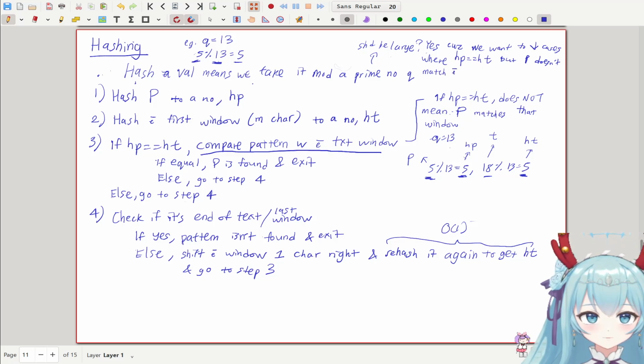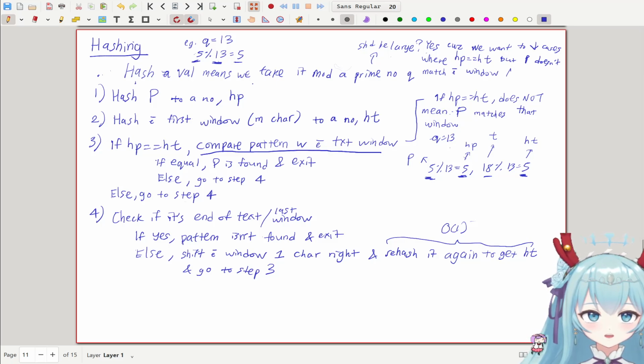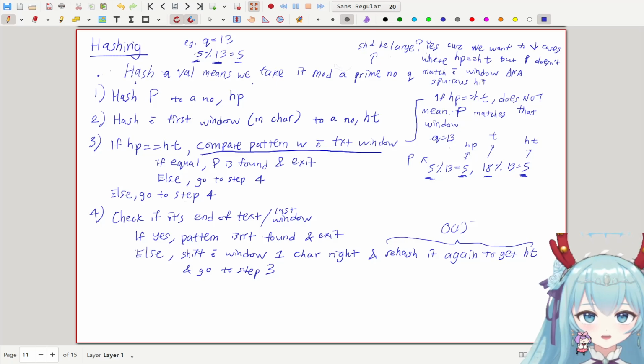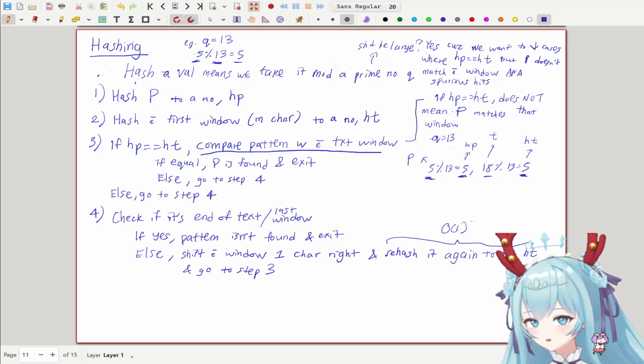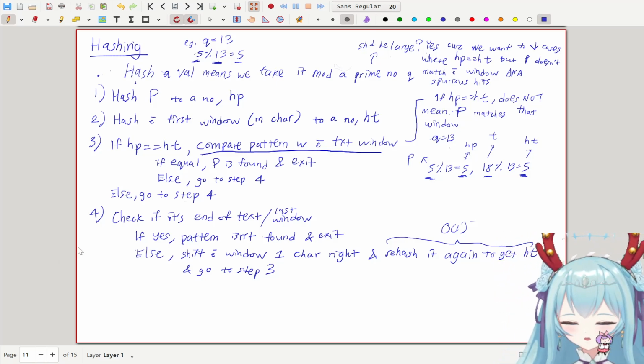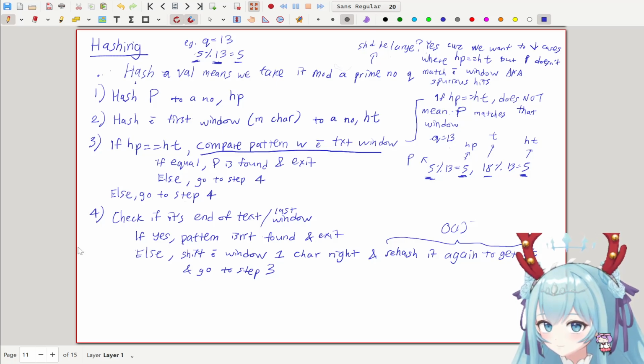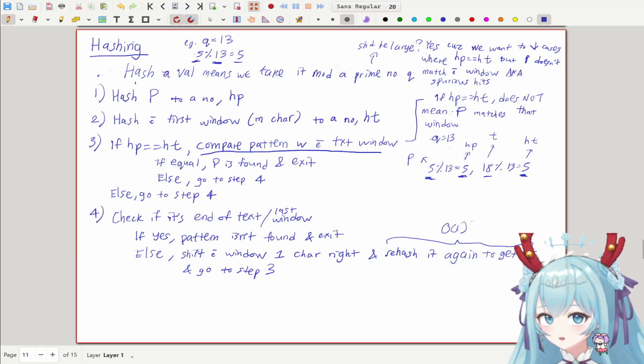So it's basically like a false alarm. And this phenomenon is also known as spurious hits. And later I'll show you an example of how this works.